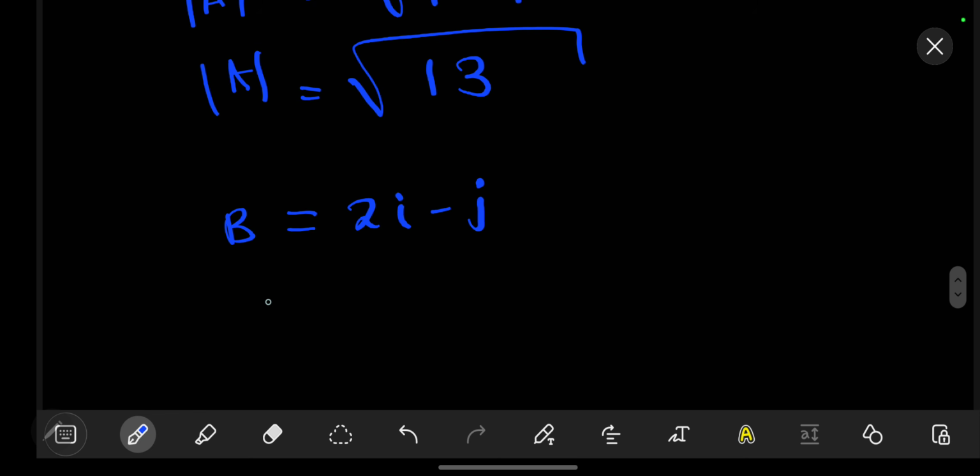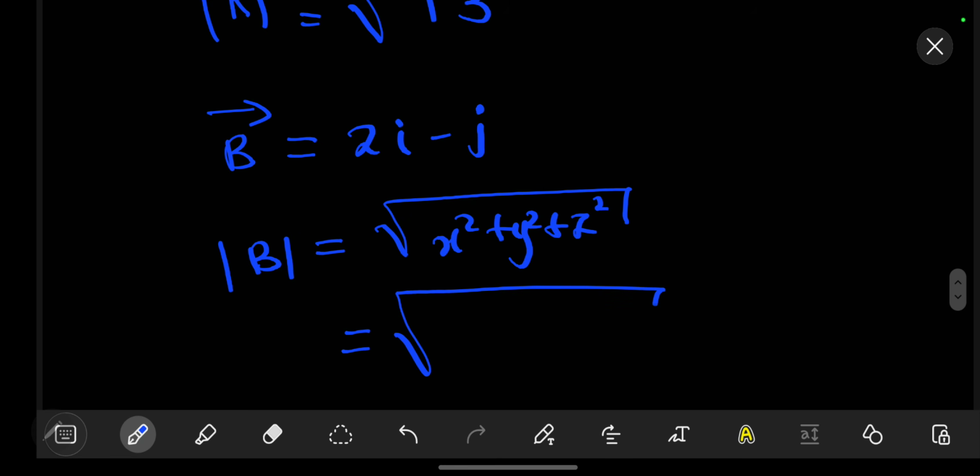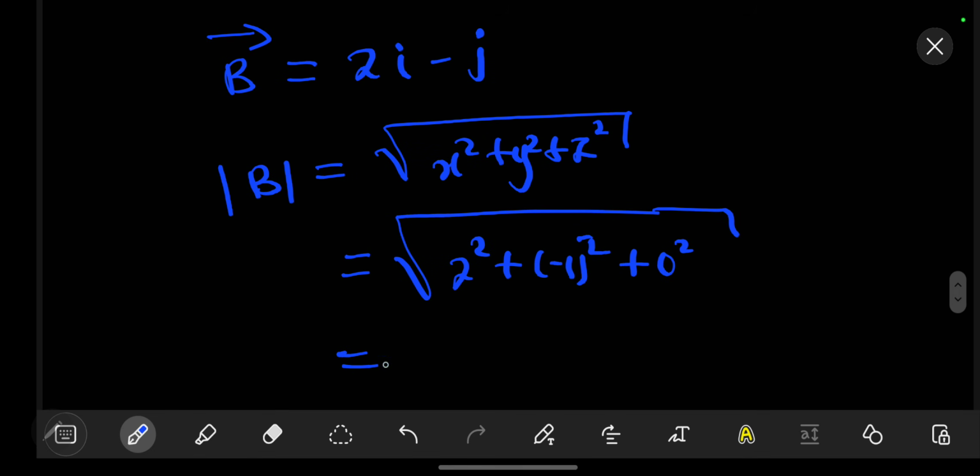The size of vector B should be equal to the square root of x squared plus y squared plus z squared, which is the square root of 2 squared plus negative 1 squared plus 0 squared. 2 squared gives us 4, plus negative 1 squared is a positive 1.